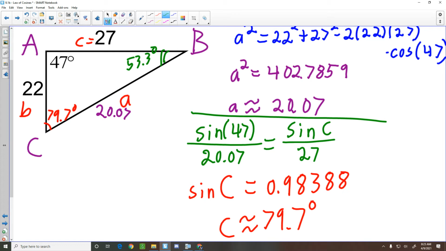Type in the decimal first on that calculator. And then to get rid of the sine, you do the sine inverse. So press second sine, and that does the sine with the little negative 1. And so 79.6, I had 79 point.